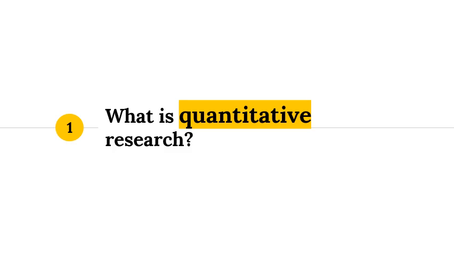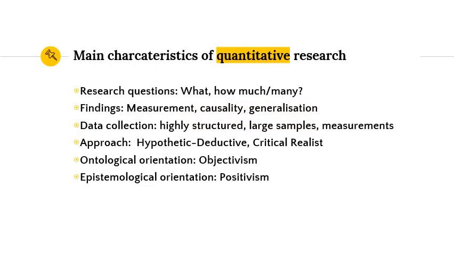So what is quantitative research? Some of the main characteristics are related, for example, with the research questions. With quantitative research, we can answer questions like what, how much, or how many. What is the relationship between attitudes towards immigrants and citizenship participation?